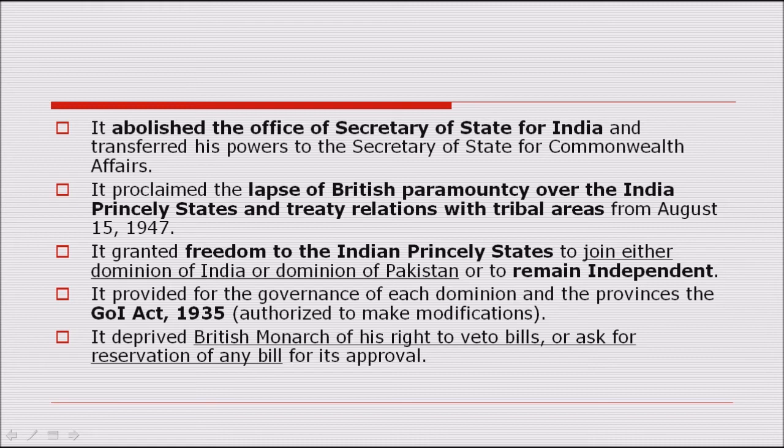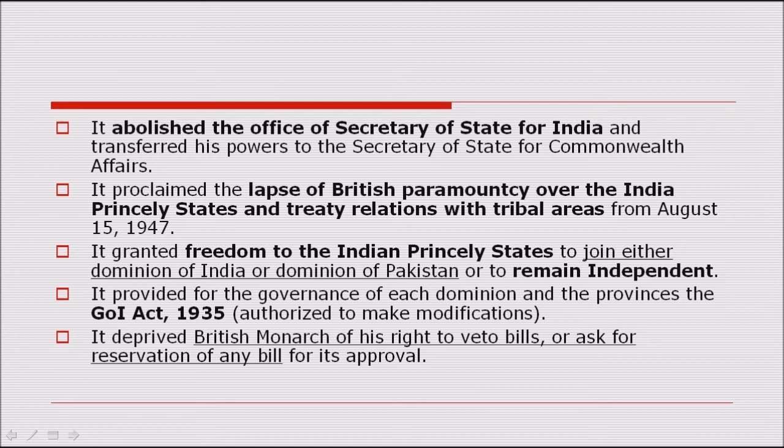But later, with the political acumen of our leaders, they were able to integrate India into one nation, and they managed to include all the Indian princely states into India.